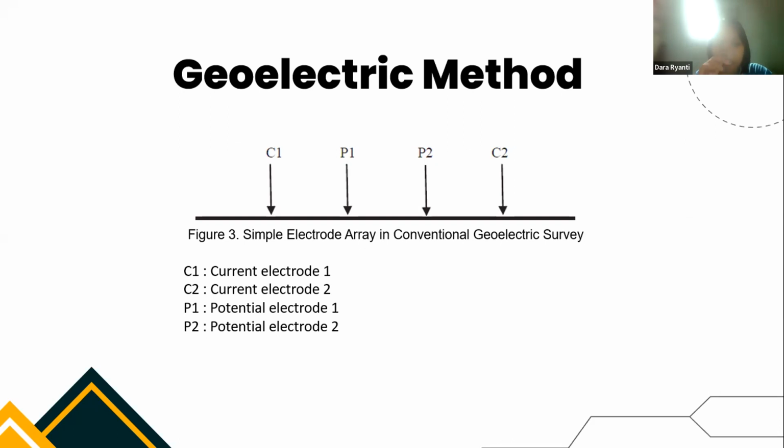In figure 3, we can see a simple electrode array in a conventional geoelectric survey, with C1 current electrode 1, C2 current electrode 2, P1 potential electrode 1, and P2 potential electrode 2.